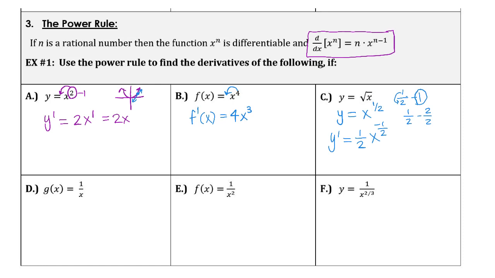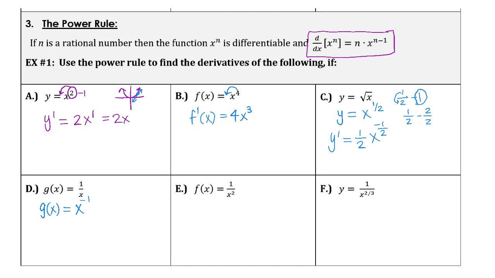What about for D? It's not written as just something to an exponent. I've got to rewrite it. So how could I make 1 over x to be x to some power? X to the negative 1. Good. Because that means reciprocal, right?